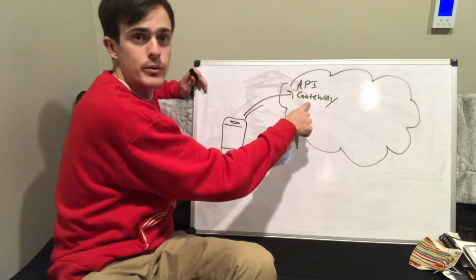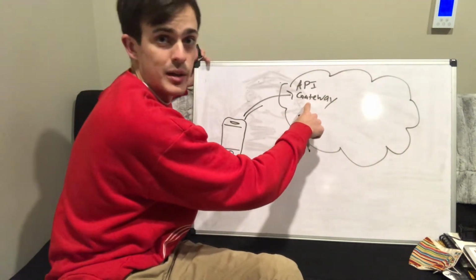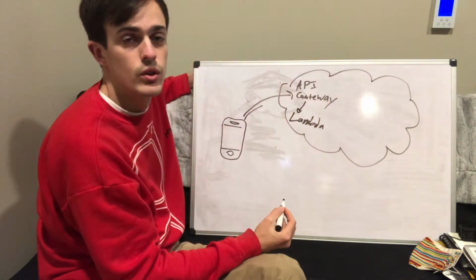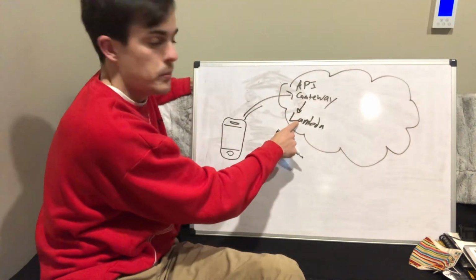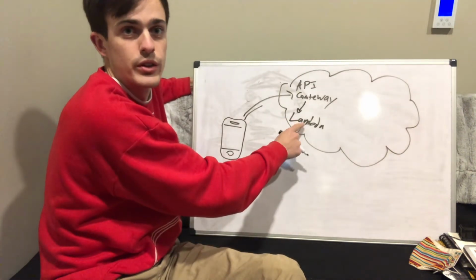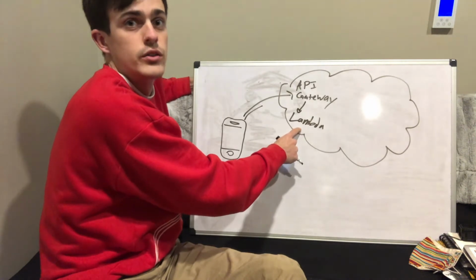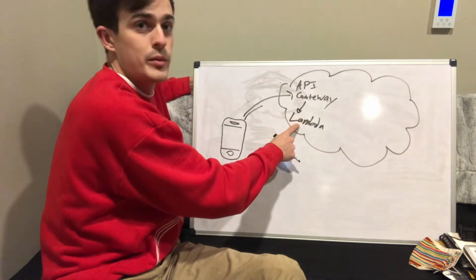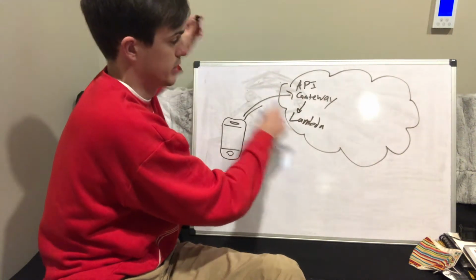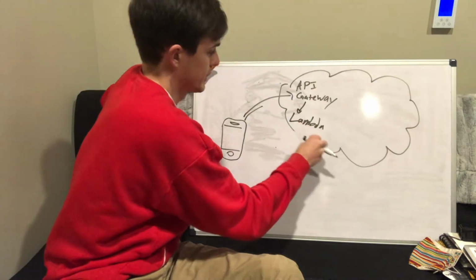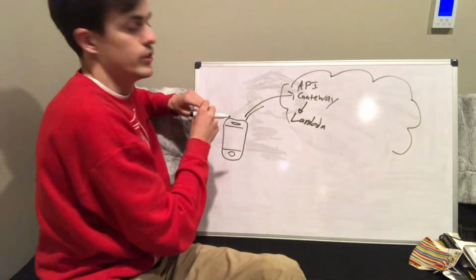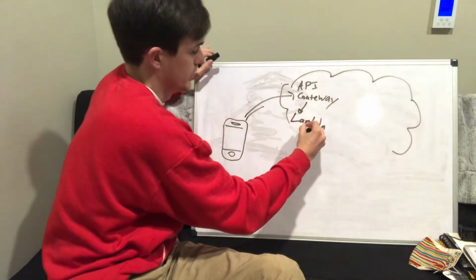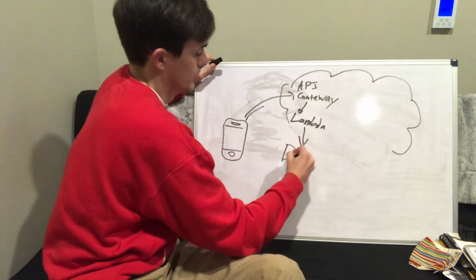Now the gateway can trigger a Lambda. And remember, a Lambda is just code that can run in the cloud. So the Lambda takes the data, and then it pushes it into Dynamo.